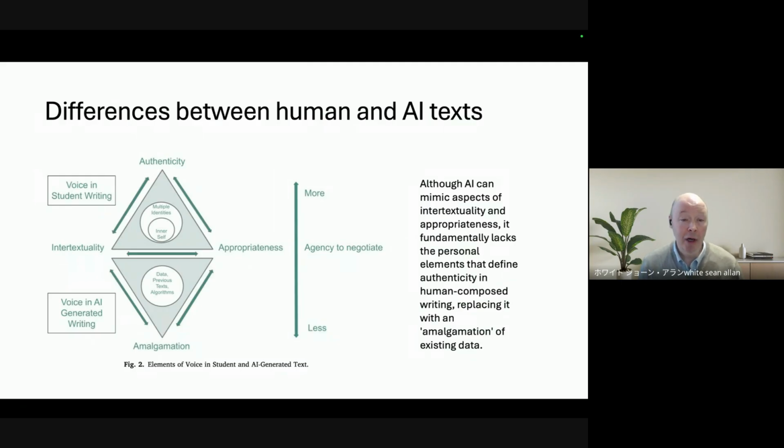So that's one, and I think we would all agree that voice in text is something that we will expect and continue to expect in writing. In fact, a lot of people do find that completely AI-generated text lacks that human voice.